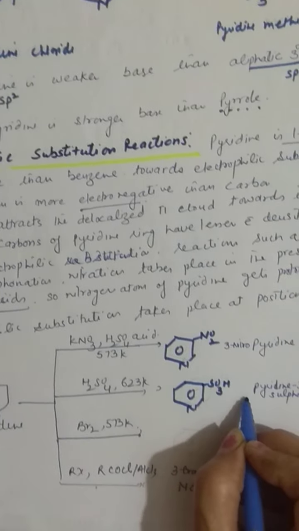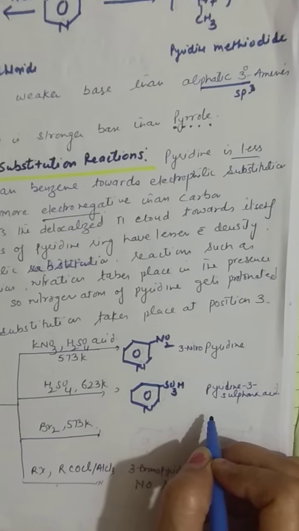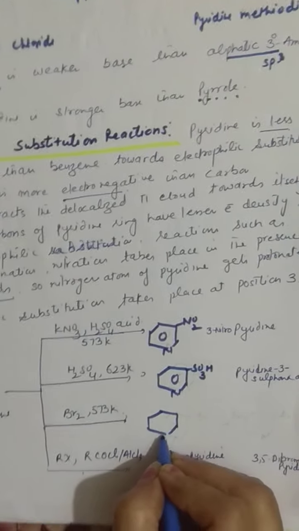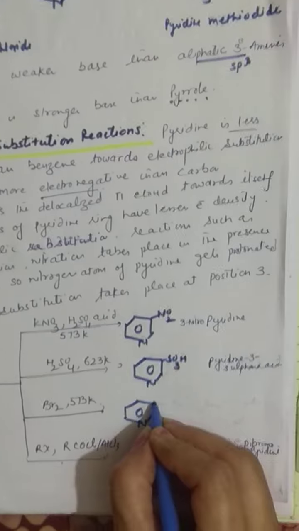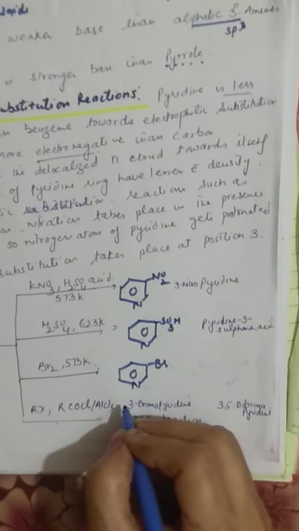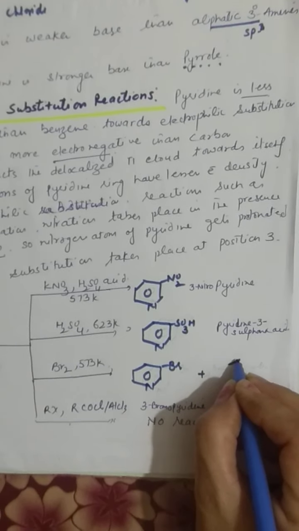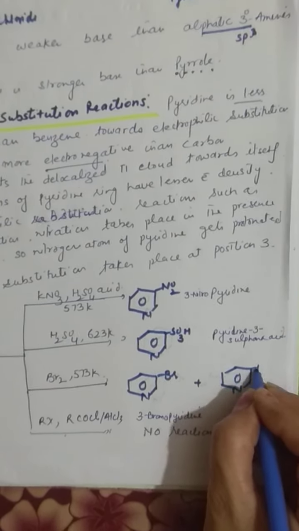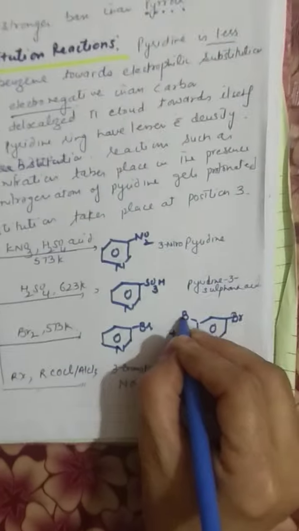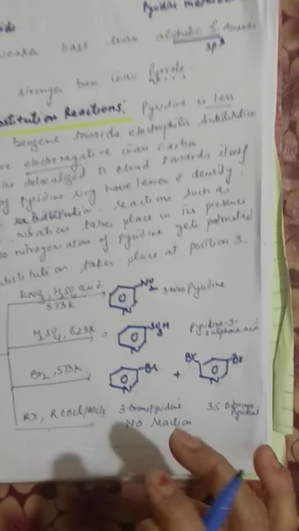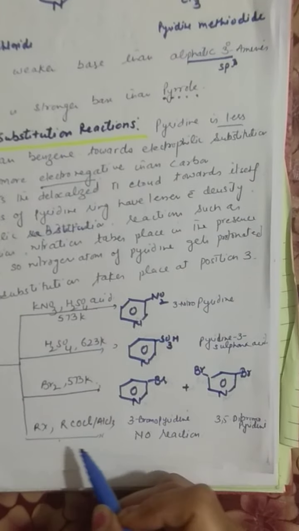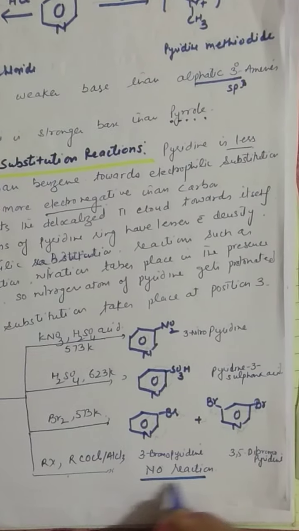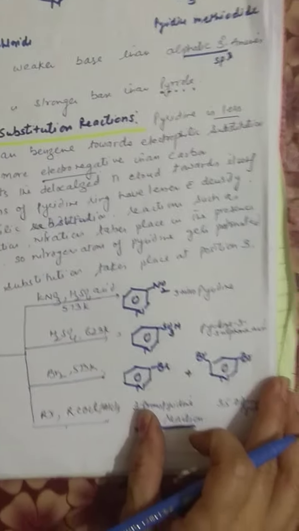So we get pyridine-3-sulfonic acid. But when we do the bromination, we get 2 types of product: 3-bromopyridine and 3,5-dibromopyridine. As pyridine is less reactive, acylation and alkylation do not take place. No reactions.